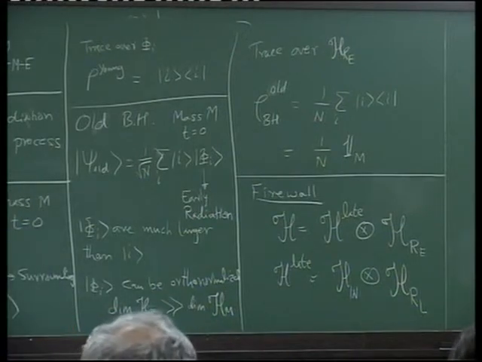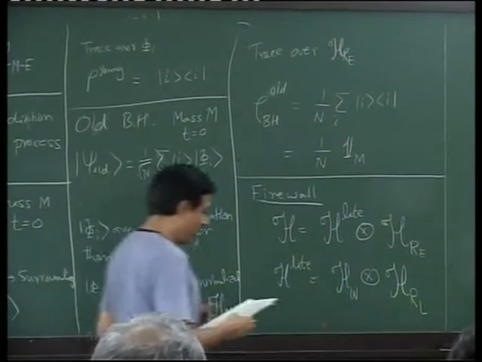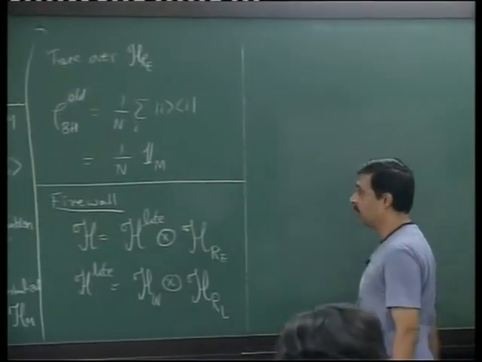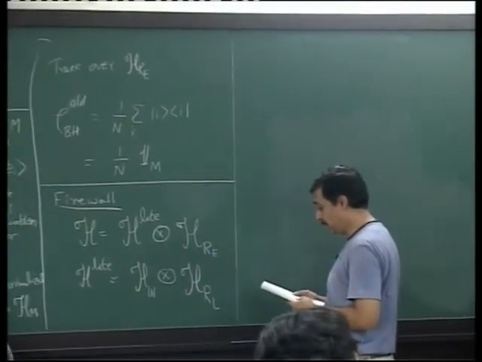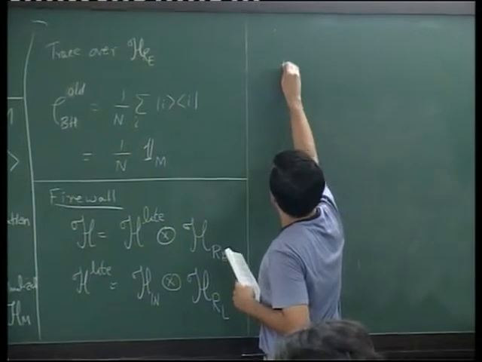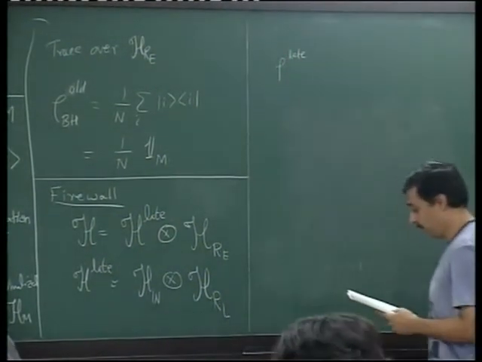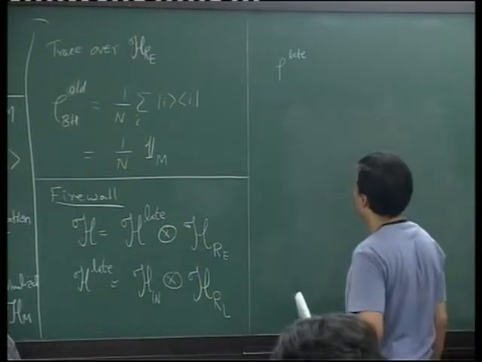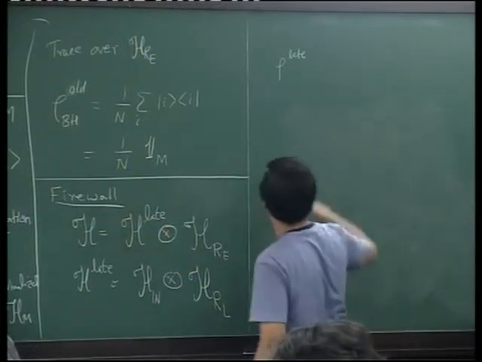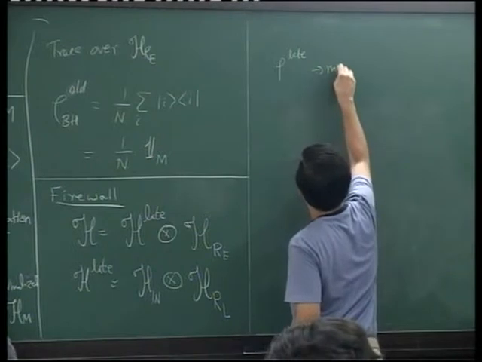Okay. So now the thing that one says in the firewall argument is basically that we have a density matrix rho late, which you can derive from whatever we started off with, and it would be a mixed state.